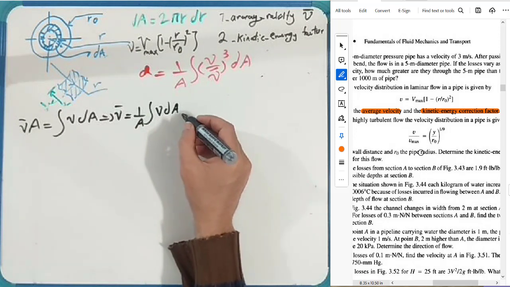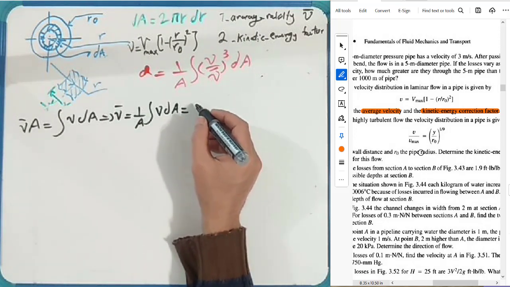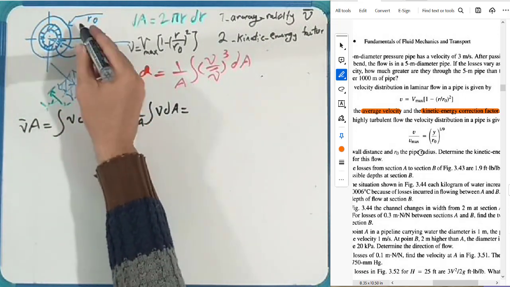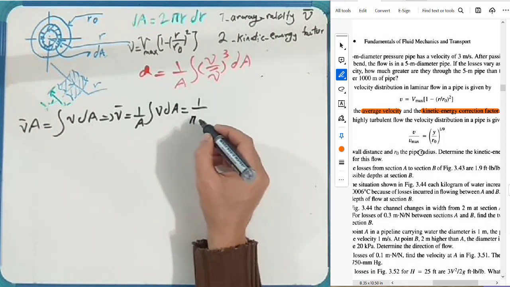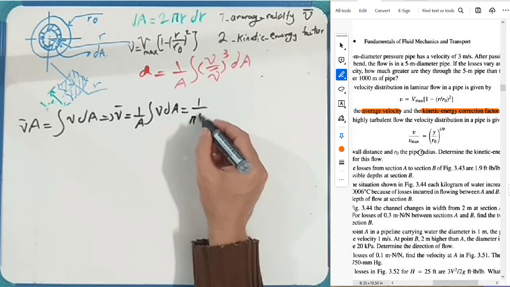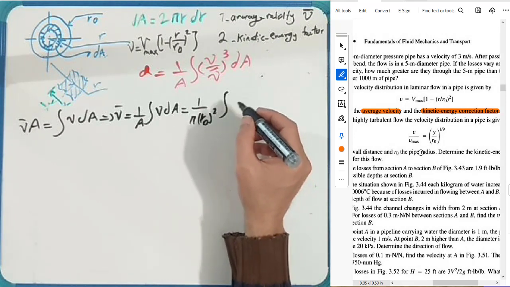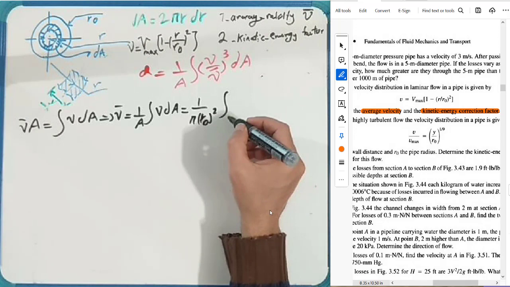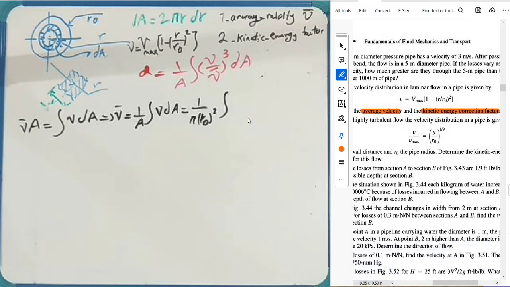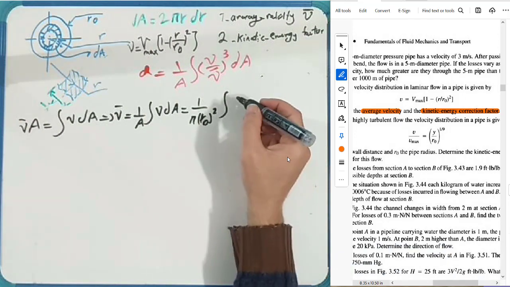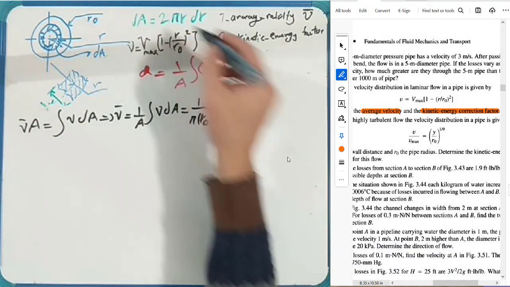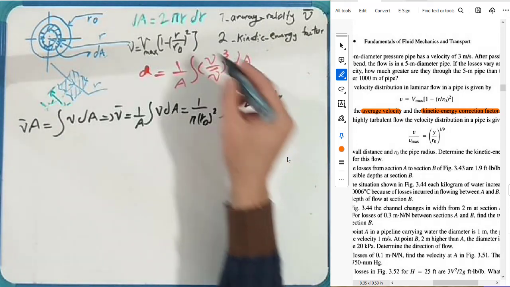Then nu bar equals 1 over A integral of nu dA. Okay, A is the area of the whole pipe, so 1 over pi R0 squared, integral of nu, and dA is 2 pi R dR as I calculated before.